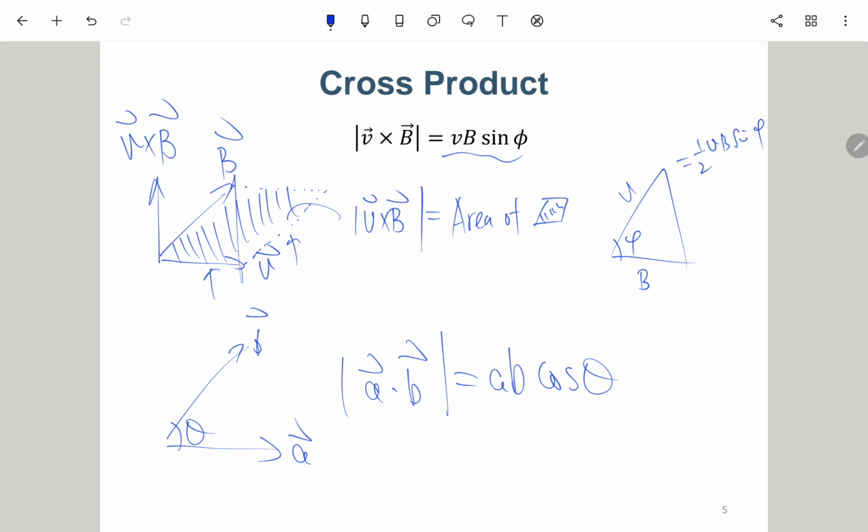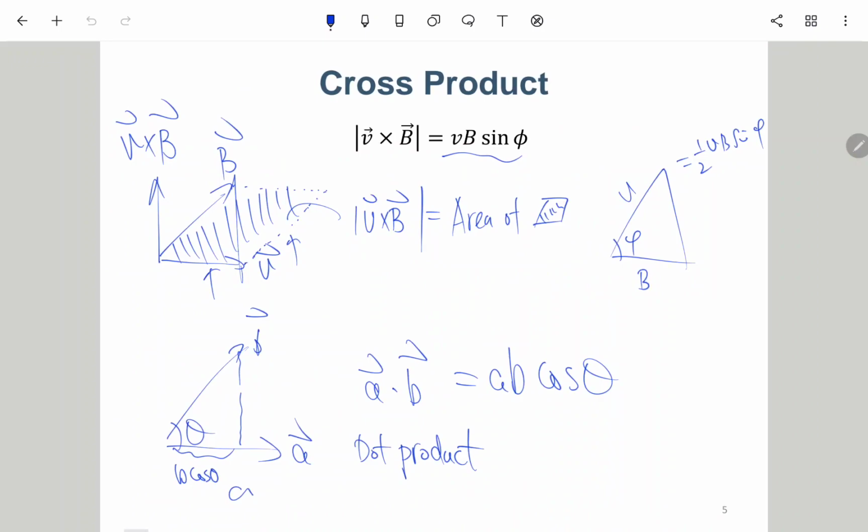So if this is A and this is B, the projection of B is B cosine of theta, times A. So it is A times the projection of B onto A, the inner product. Without the absolute value, the dot product gives a scalar. The cross product, however, still gives you a vector.